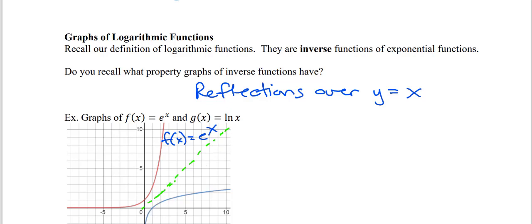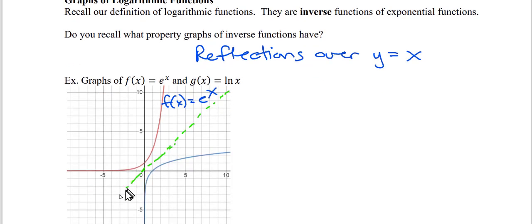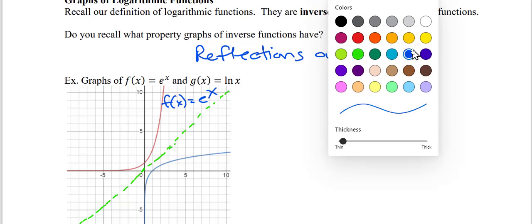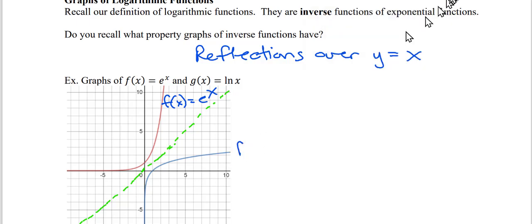Always, the line y equals x looks like this, right? And so if you fold on that green line, those two graphs, the red one and the blue one, will indeed be on top of one another.